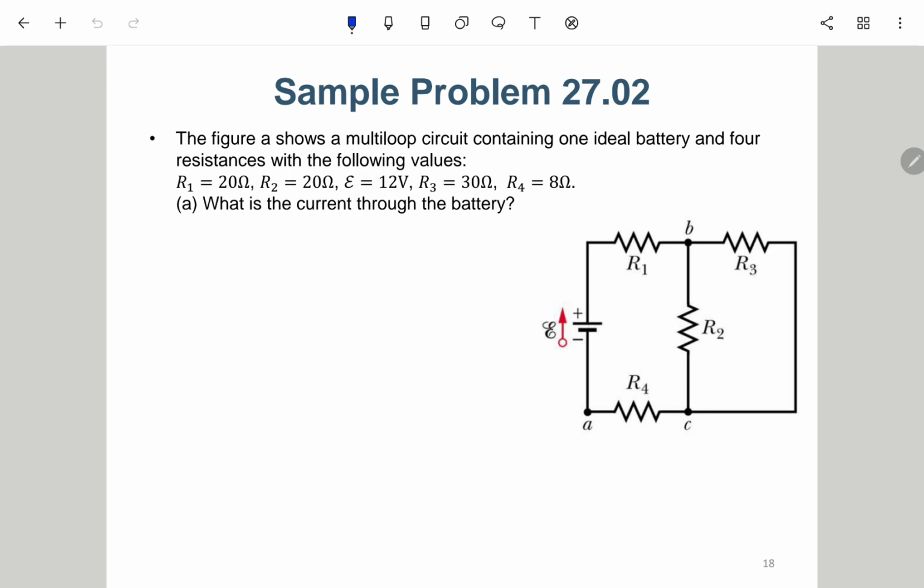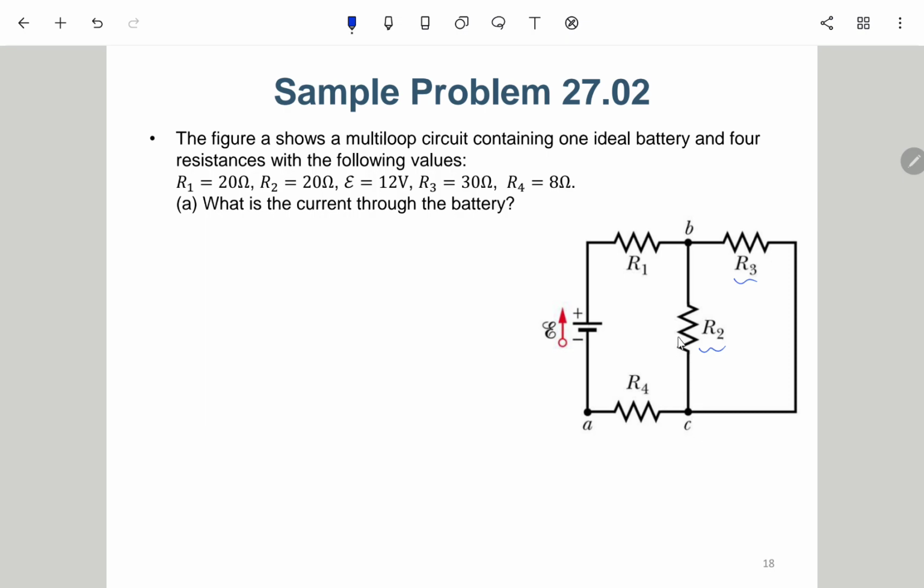So here, this circuit is not totally series or totally parallel, but actually you can consider these R2 and R3 are parallel.